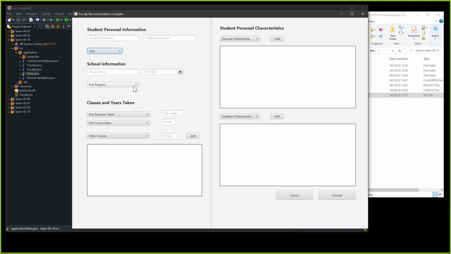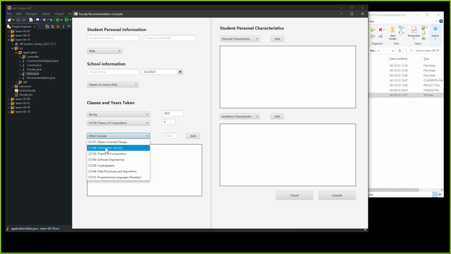The date picker works fine. Pick program works fine. First semester, the year, let's say, for example, this. First course taken, the grade, let's say A. For the other courses, I would prefer to be able to multiple select, but they implemented it this way.